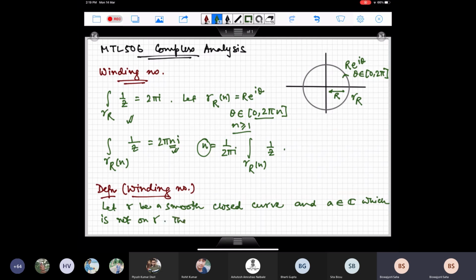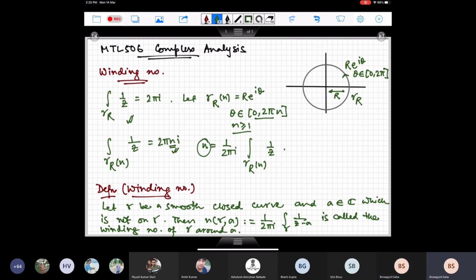Then I define n gamma a to be the quantity 1 over 2 pi i integral over gamma of 1 upon z minus a. This quantity is called the winding number of gamma around a.